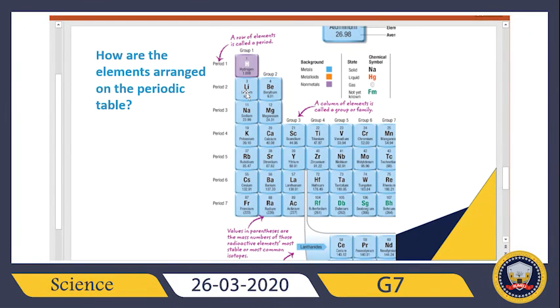If I'm talking about period 4 group 4, I am talking about titanium. You can find an element by using group and period numbers.